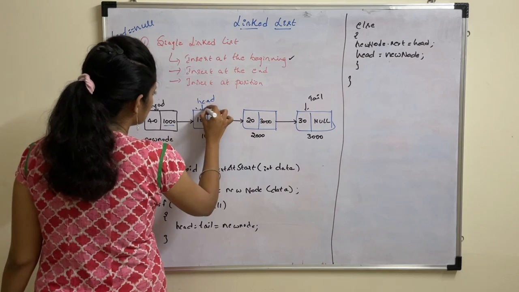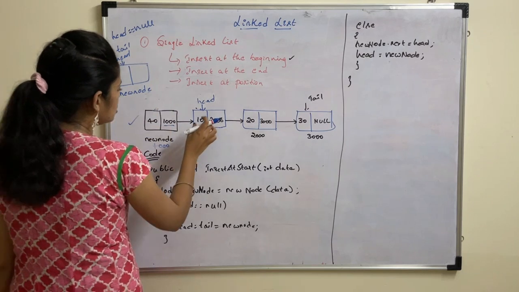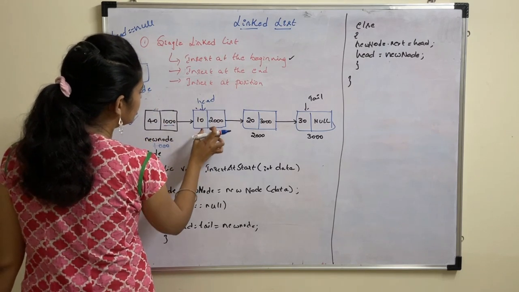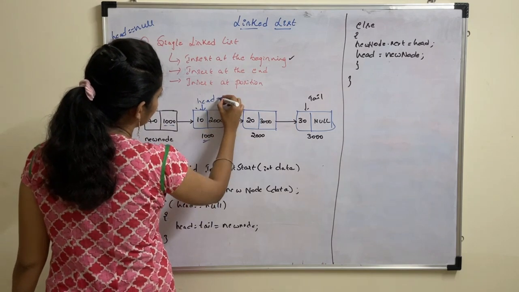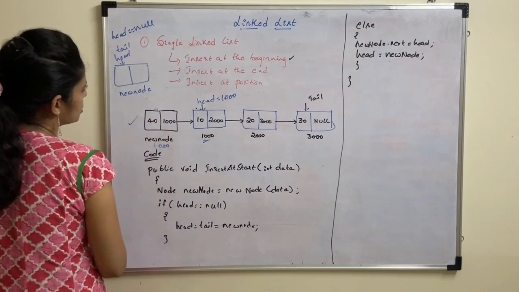This is the first head before creating this node. Head here is pointing to 1000, so in this place we will place 1000.